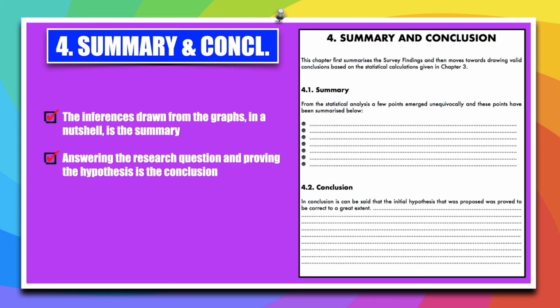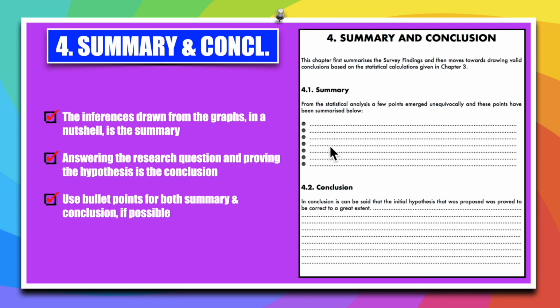Answering the research question and proving the hypothesis is your conclusion, so it is very easy to write the conclusion. Use bullet points for both summary and conclusion if possible. It is easier for people to read. So I will just go ahead and read a little bit from the sample. This chapter first summarizes the survey findings and then moves towards drawing valid conclusions based on the statistical calculations given in chapter 3.